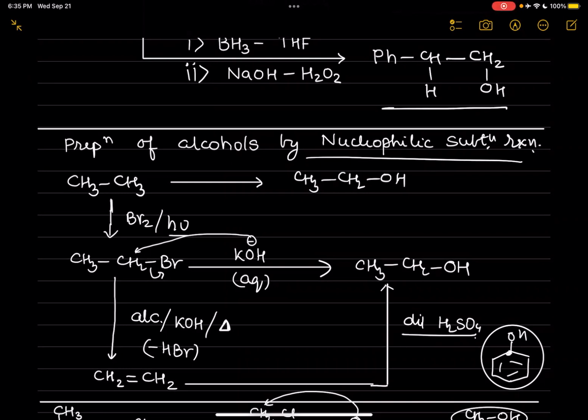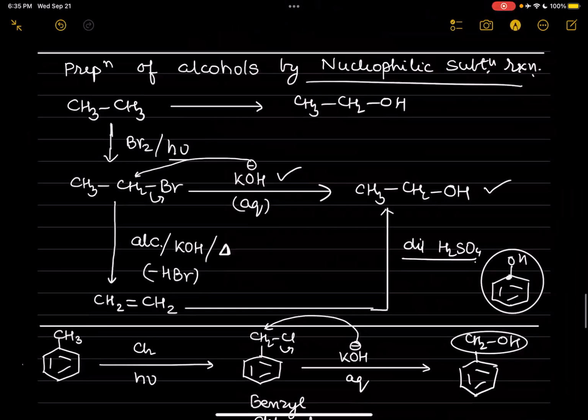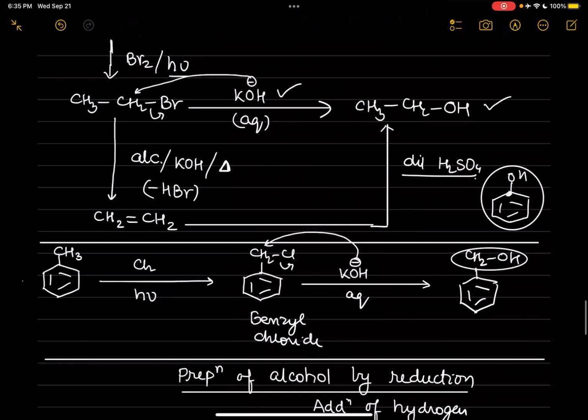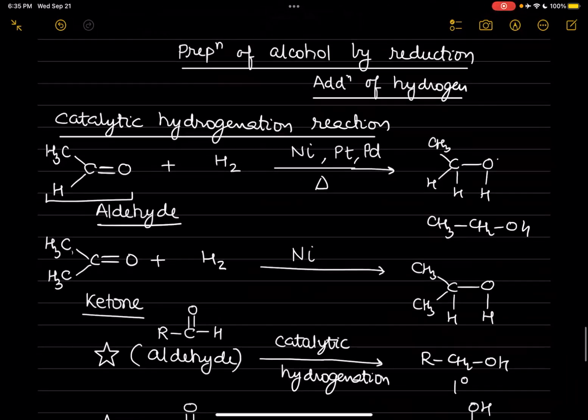You prepare alkyl halide and react it with aqueous KOH. OH minus comes in and displaces the halide ion, and you get an alcohol, right? And that's what we discussed.